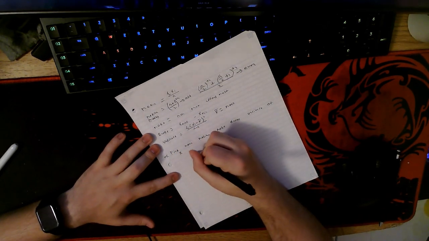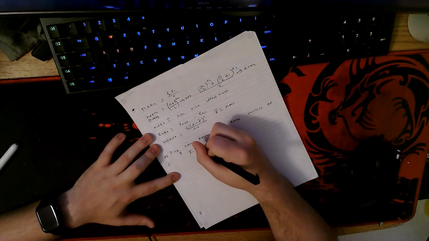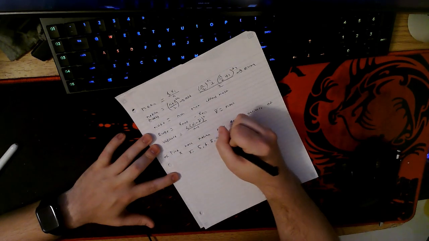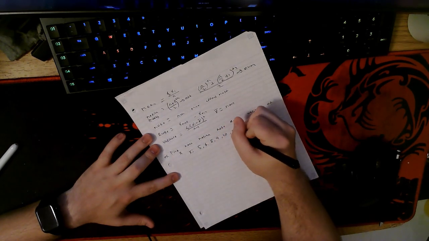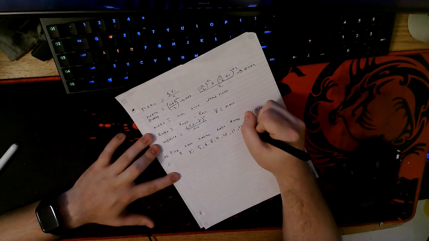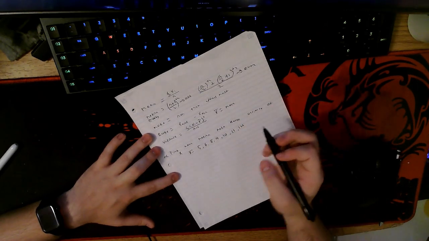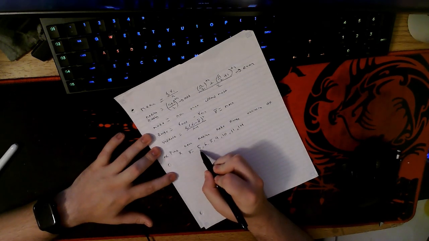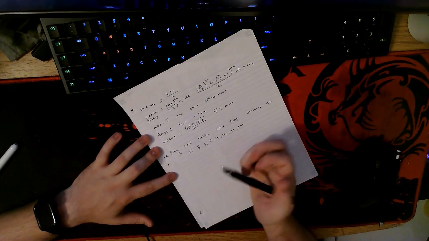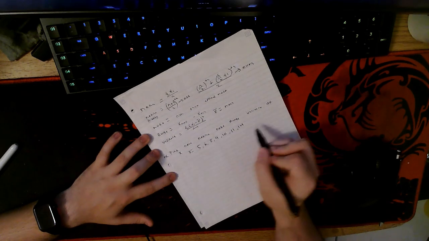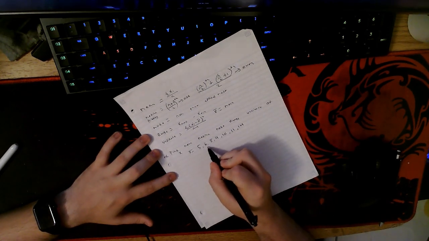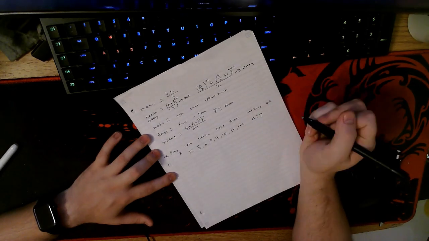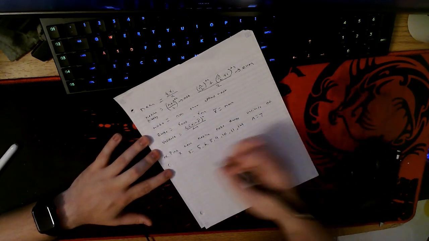And x is going to equal 5, 6, 8, 9, 10, 11, and 14. So if we count all these out, we can find n really quickly here. n is the number of points you have. So you have 1, 2, 3, 4, 5, 6, 7. So n equals 7.